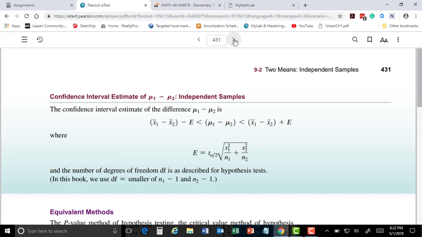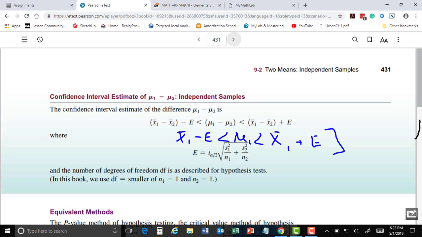I can remember when we were just talking about x-bar 1 minus the error term, binding mu 1, to x-bar 1 plus the error term. If you remember, we were putting this in brackets and giving a probability, some kind of confidence interval.